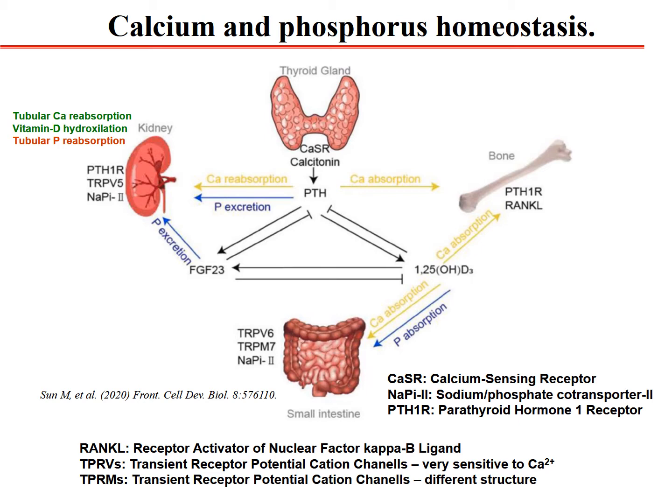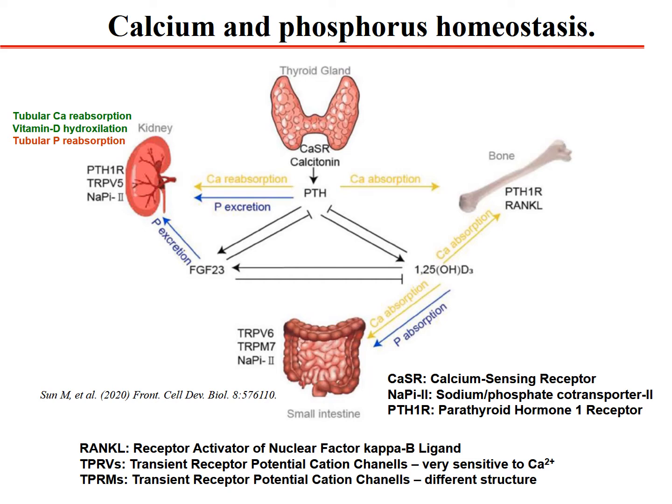However, meanwhile, the effect of the FGF23 will inhibit the active vitamin D formation. And an additional effect of the FGF23 is that it will inhibit the PTH release.